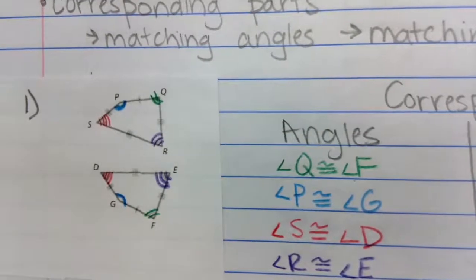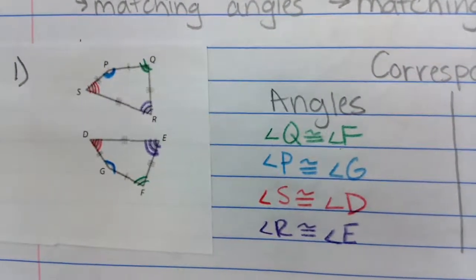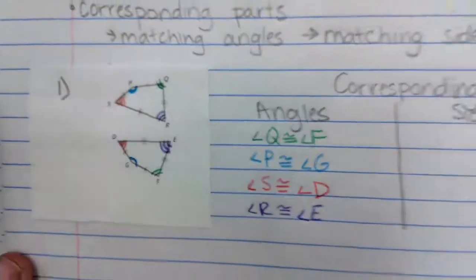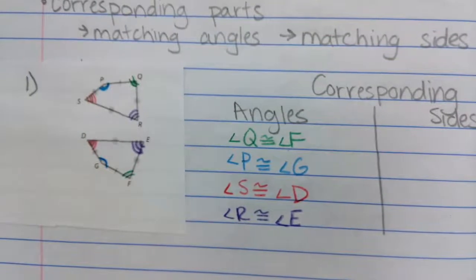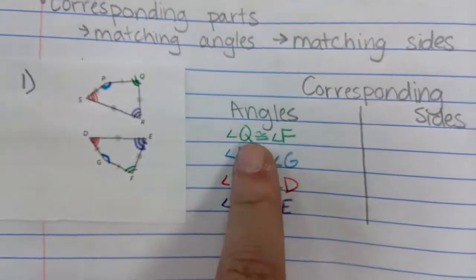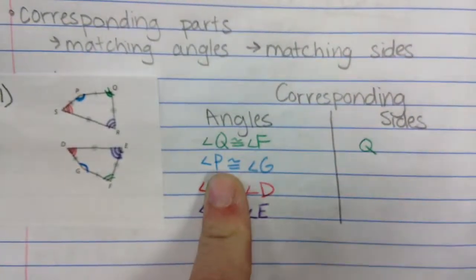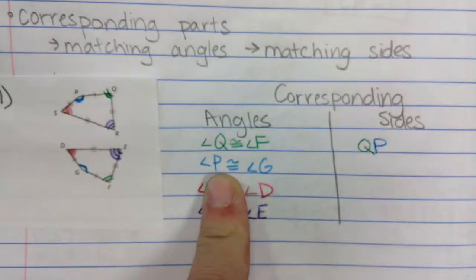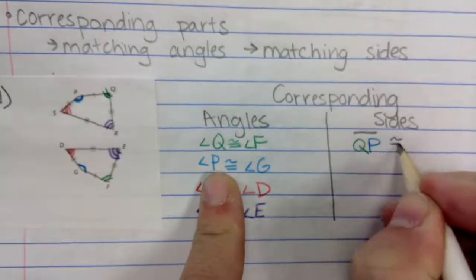So to show that two polygons are congruent, we have to not only show all the angles are the same, that there's a matching angle from one to the other, but we also have to show the matching sides. Okay, so if I start with QP, side QP is congruent to side what?